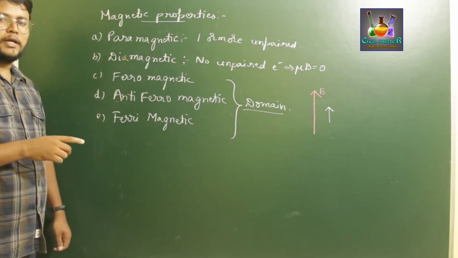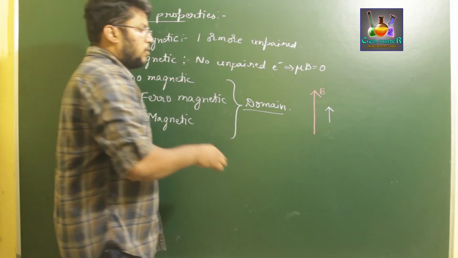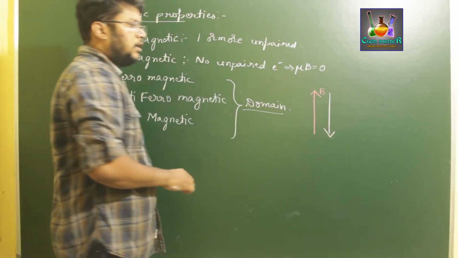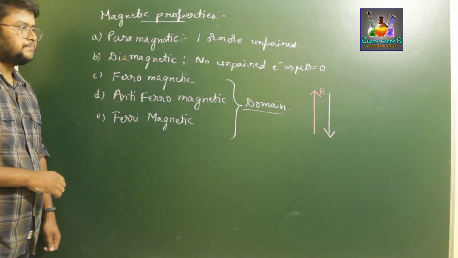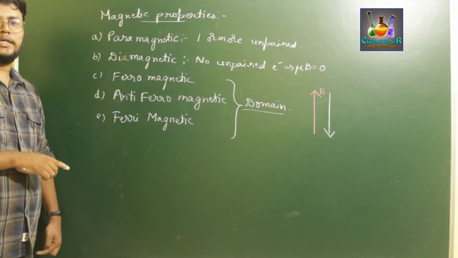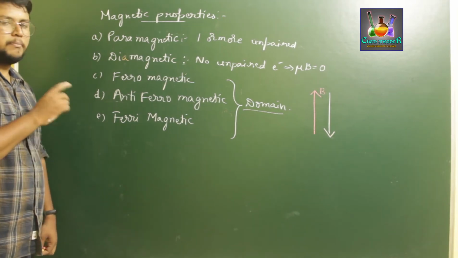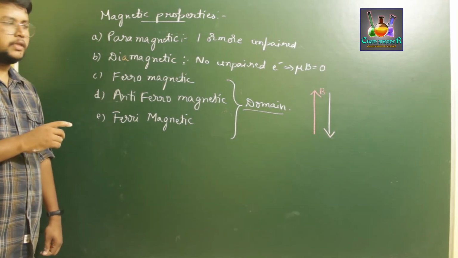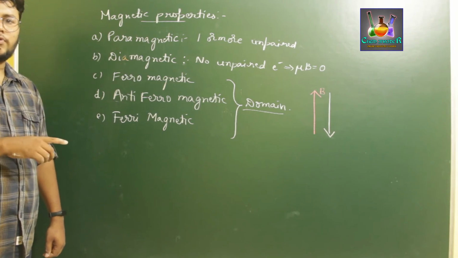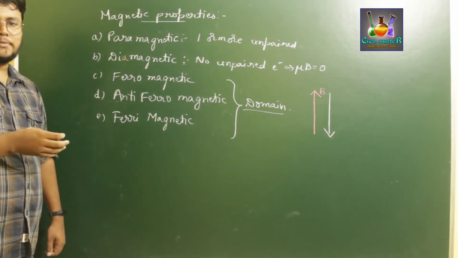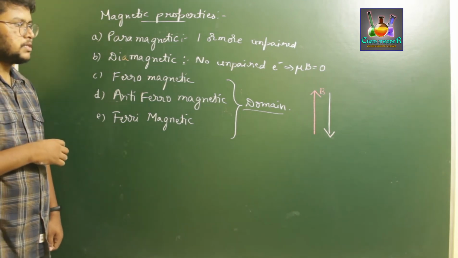If we apply a magnetic field and get mu B as 0, that means there is an opposite magnetic moment induced by the electrons or atoms present in the diamagnetic substances.